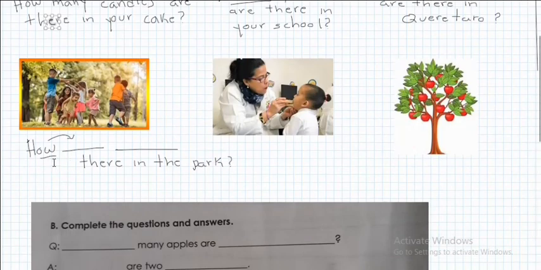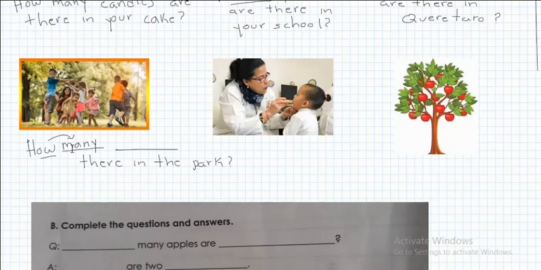In the fourth case, for example, it says, how blank there in the park, okay? So I need to write two words that are missing here. Do you know what words are there? Okay, in the first one, you know that when I use how, I need to write many, right?